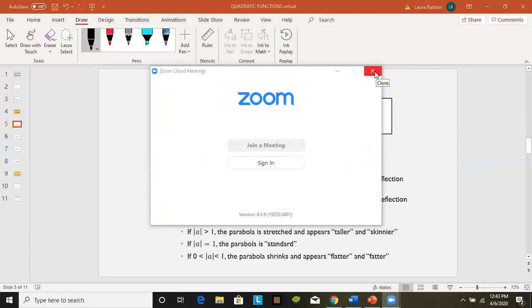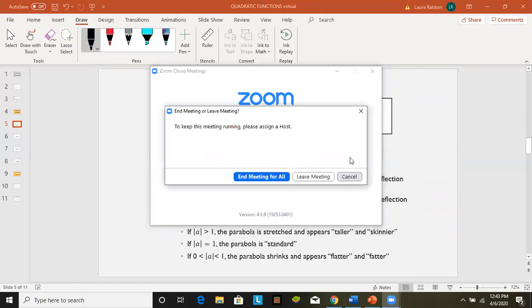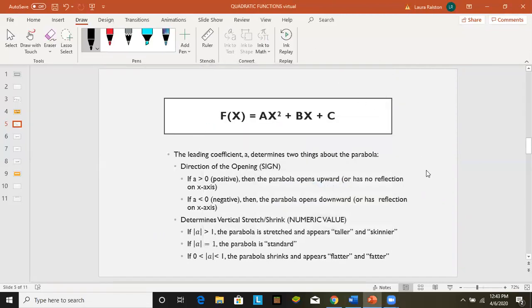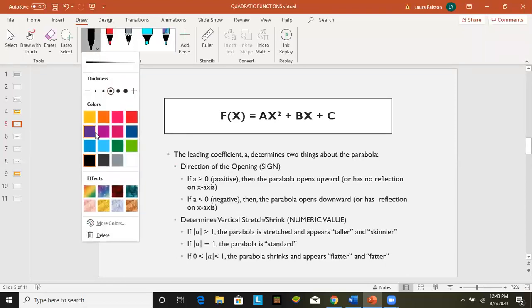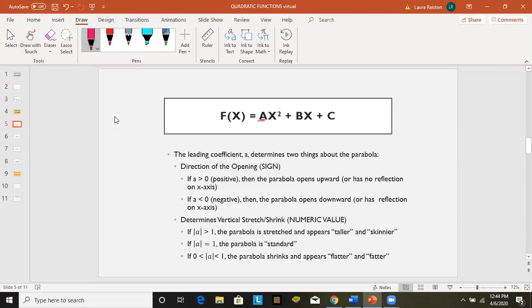Okay, I believe on this slide that I have here, I'm on slide 5. I basically walk you through what I was just telling you about the letter a. That letter a is called, in mathematics, the leading coefficient. Okay, so the letter a here, which is the number in front of the x squared, is called the leading coefficient.